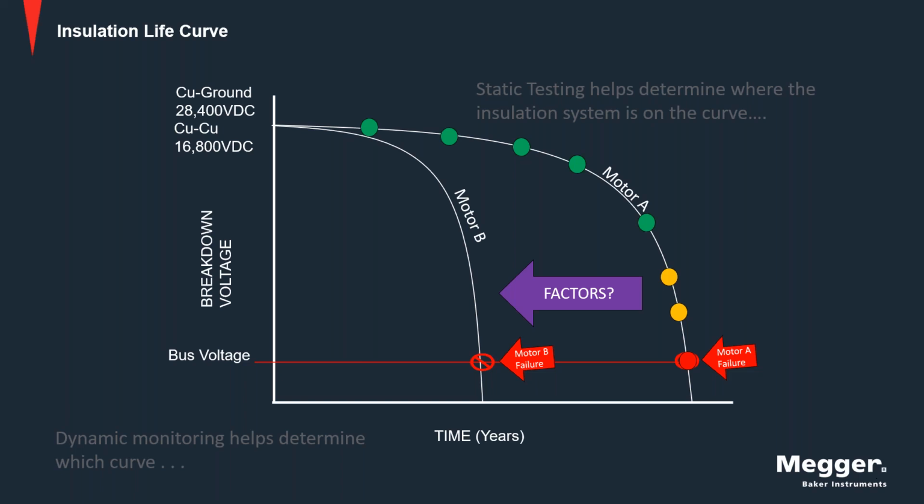So again, if we have harmonic distortion, we're going to see heating in that motor because of it, and it's going to start destroying that insulation system faster. And if you discover you do have high harmonics or high imbalance or low voltage, at that point in time, you take it offline and you test it statically to help determine where it is on that life curve in respect to its end of life.